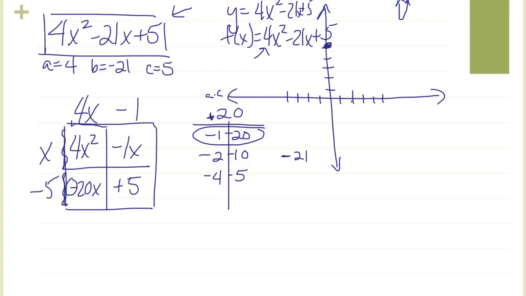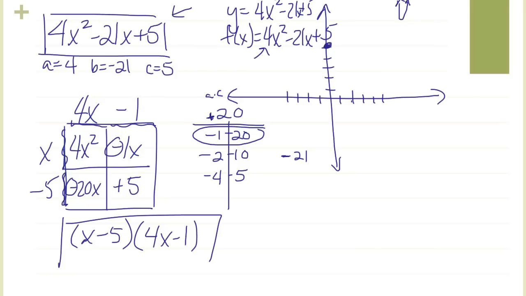And this is just going to be negative 1 because these guys don't share anything visibly. It's just going to have to be a 1, but we take this sign. So my answer to this problem, the factoring problem, is x minus 5 and 4x minus 1. But the little preview, so that's the answer for today.